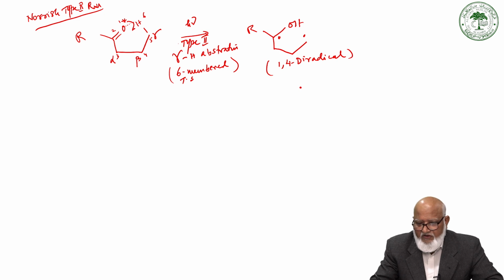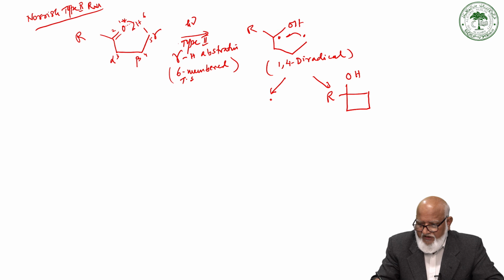Now this 1,4 diradical undergoes, there are two pathways available. It will undergo cyclization to give a 4-membered ring, cyclobutanol, with OH and R, or it will undergo fragmentation to give ethylene plus enol.